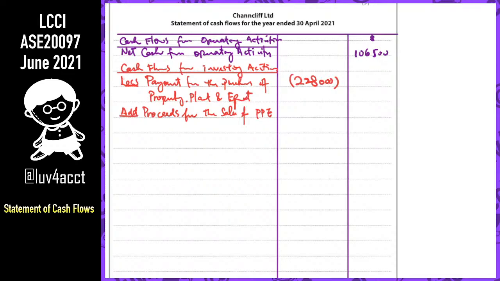So negative 228,000, positive 425,000, gives 185,500. Okay, so this is the net cash used in investing activities.